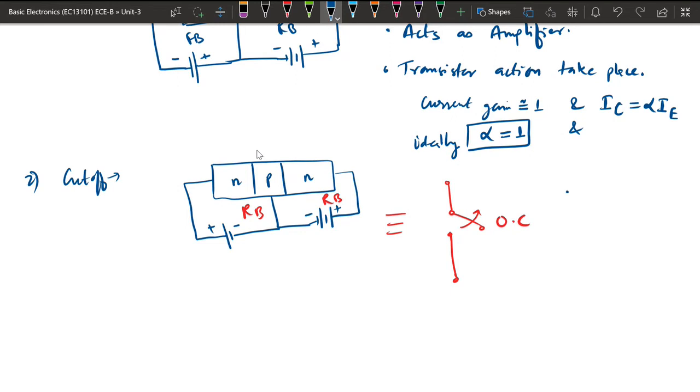It behaves like an off switch, or it is considered as a zero state.